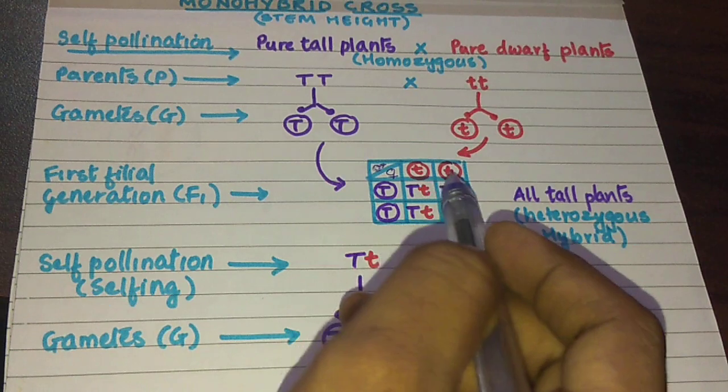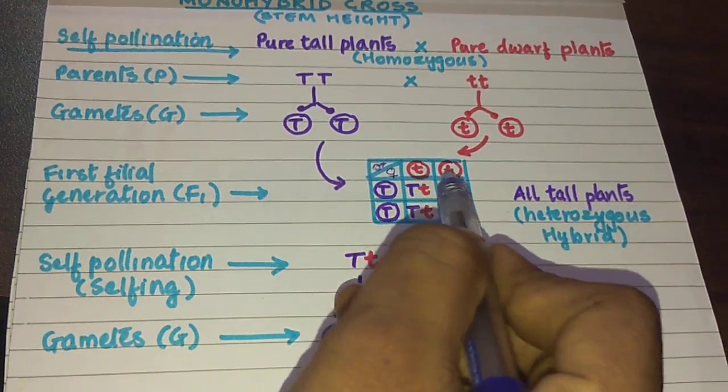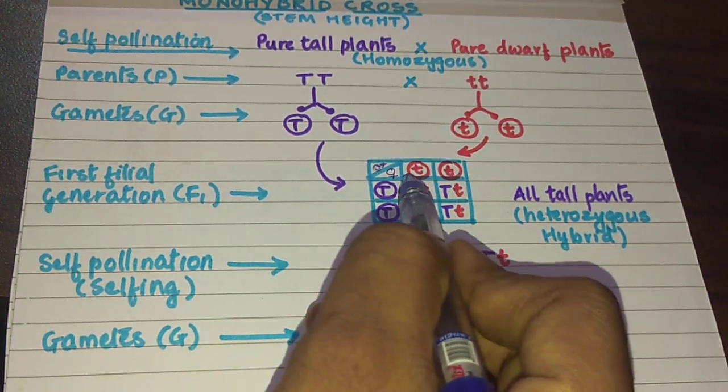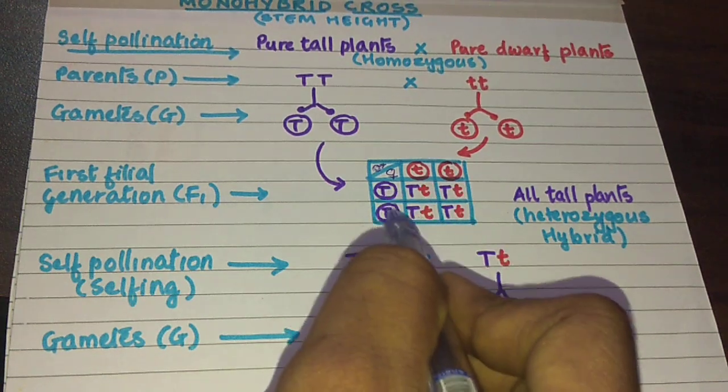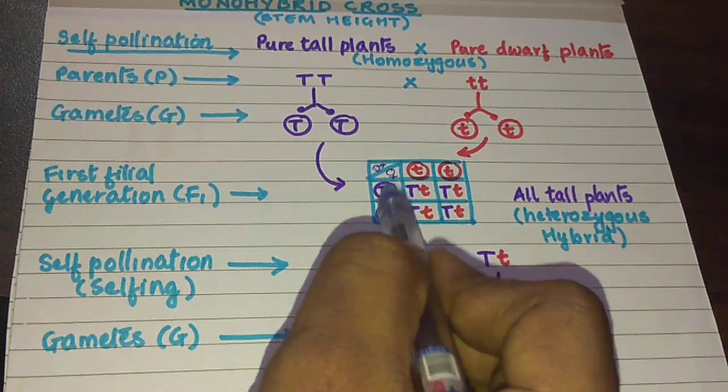The possible gametes are written on the two sides, usually at the top row and at the left hand side column, as shown here.